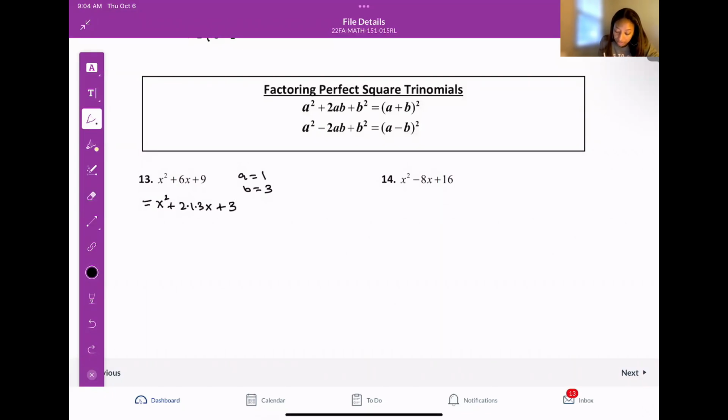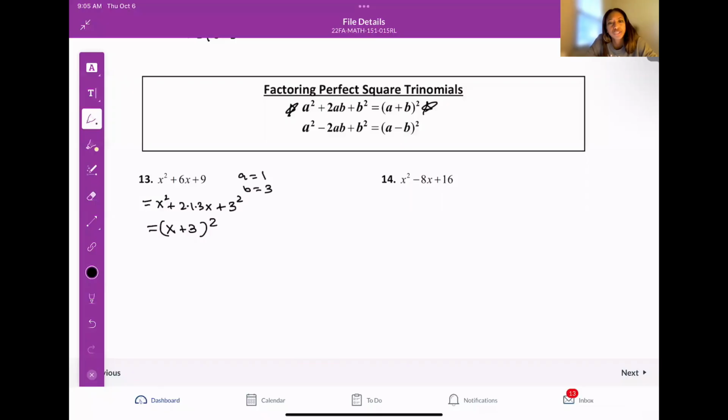I'm just trying to show you how this matches up with the rule, and it does. 6 is 2 times 1 times 3, so this matches up. That tells us that this is just going to simplify to a plus b all squared. So this would be x plus 3 all squared.